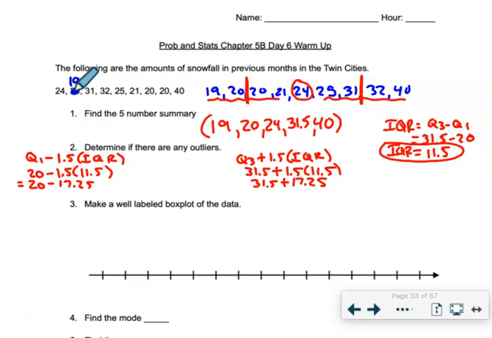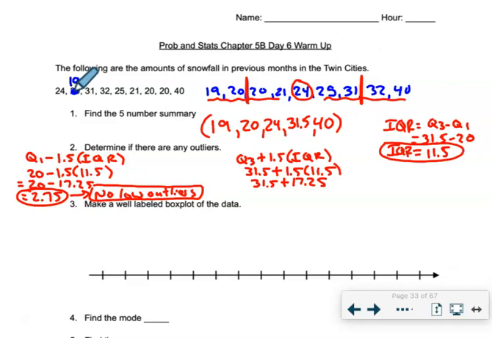With that, when you take 20 minus 17.25, you get 2.75. That's the smallest number we would take that's not an outlier. This tells us that there's no low outliers. There's no stars on the bottom half. So I know that there's no outliers that are too small.